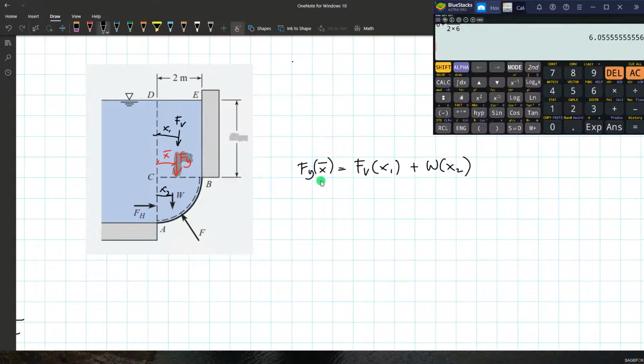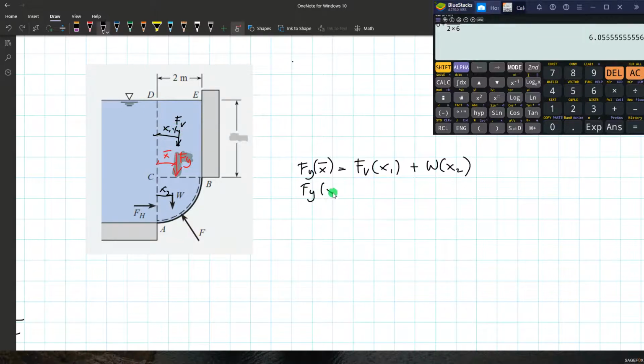So what is x1? Since this is just a rectangle, the location for Fv is at the center of gravity, and for the rectangle, the center of gravity is at the middle. So if we locate its position horizontally, just take half of this 2 meters distance. So half of 2 meters, x1 is 1 meter.